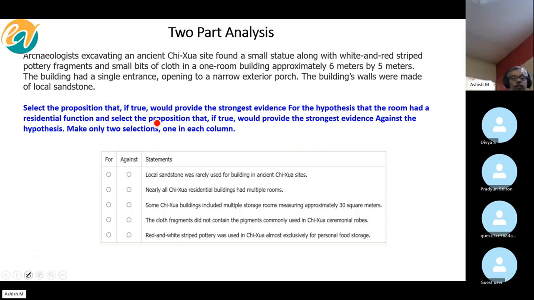All right. So first of all, what are we looking at? The proposition that, if true, would provide the strongest evidence for the hypothesis that the room had a residential function. So in other words, which of the following proves that the room that they found out here had a residential function?